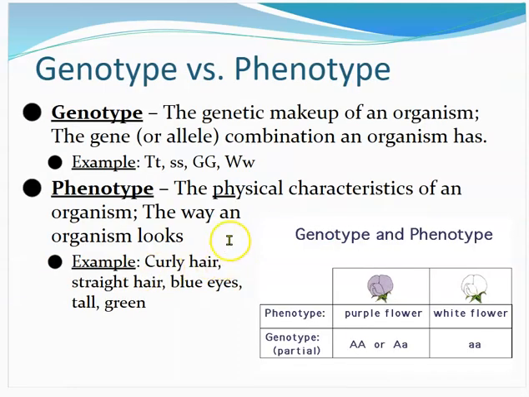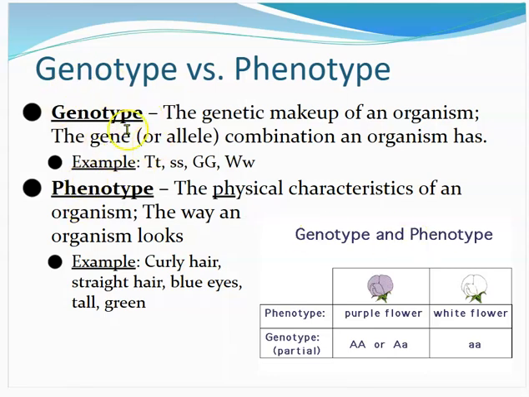Genotype is the genetic makeup of an organism, or the genes or alleles that the organism has, right? This is where we see these alleles represented with letters, and we use a capital letter to show a dominant trait and a lowercase letter to show a recessive trait. We also talked about phenotype, which are the physical characteristics, or what a characteristic looks like, the trait that it has that we can see, right? Like curly hair, or tall, or brown eyes, whatever.